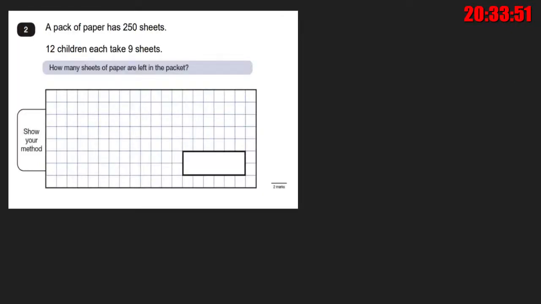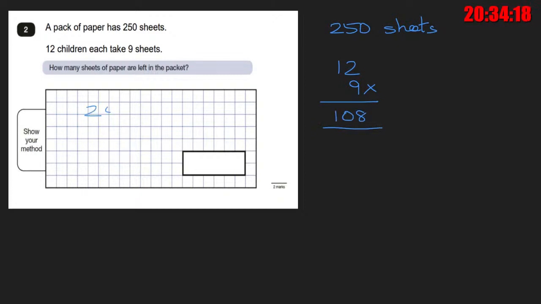Question number 2. A pack of paper has 250 sheets. 12 children each take 9 sheets, so 12 lots of 9. 12 times 9 is 108.